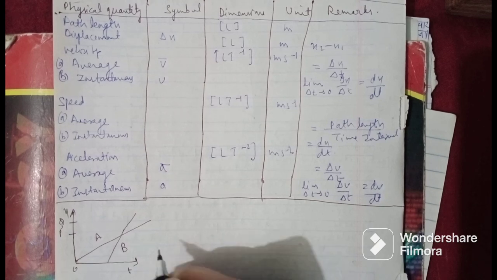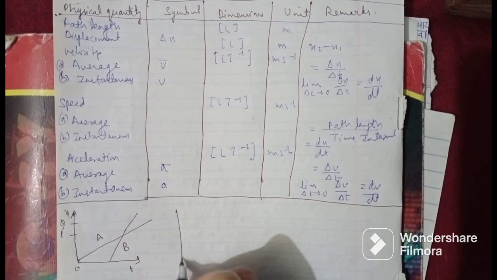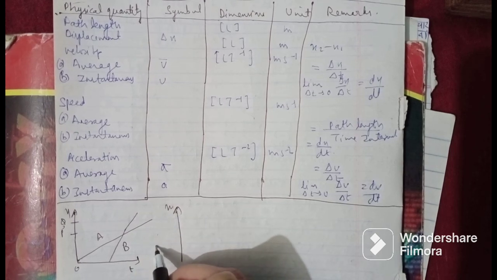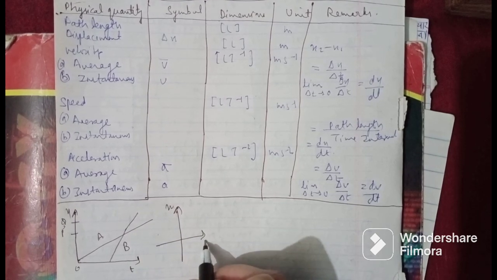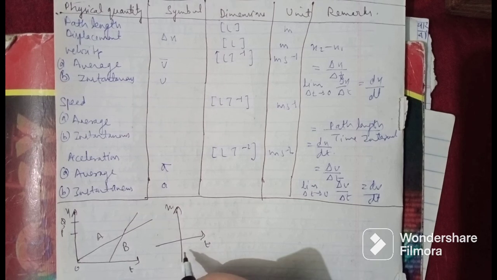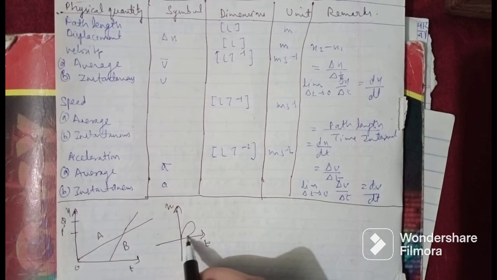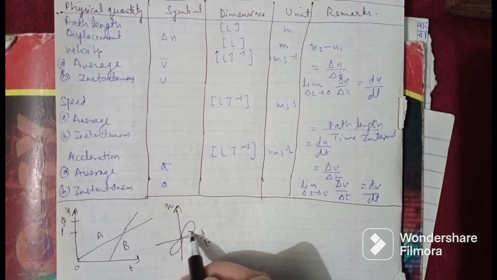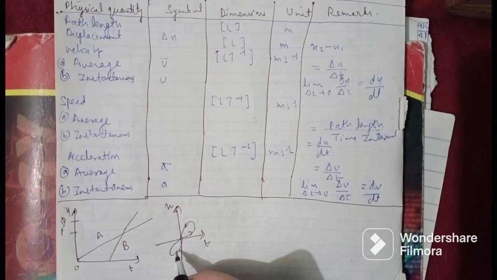For A, the first graph is x with respect to time t, going from here to here.